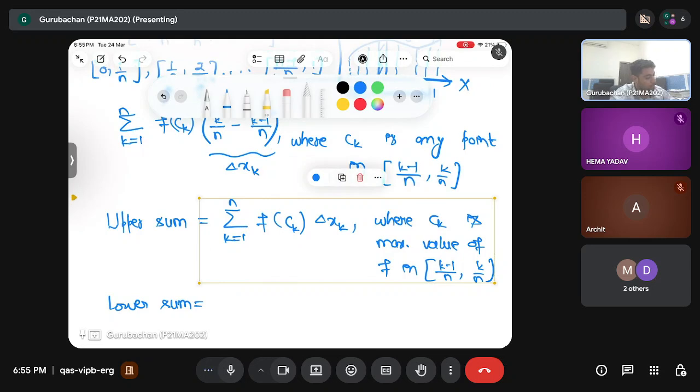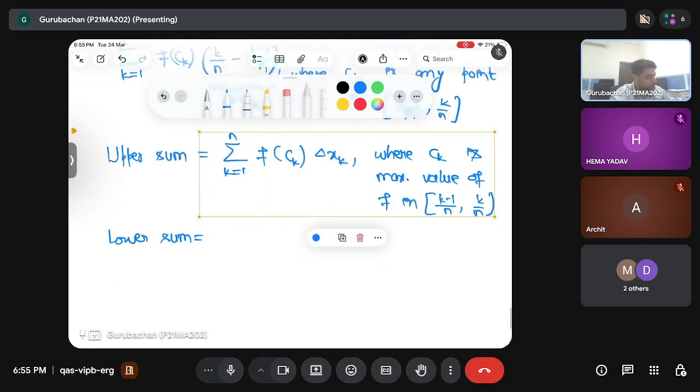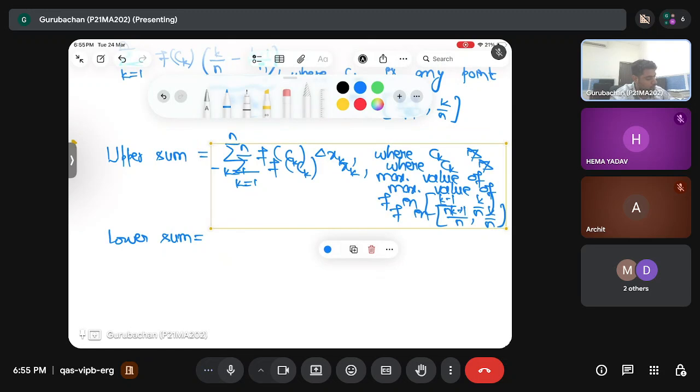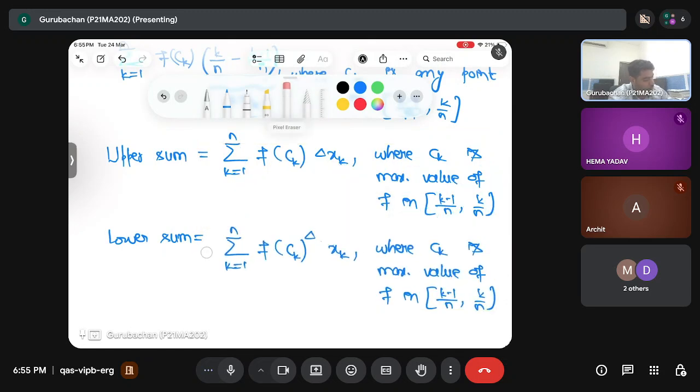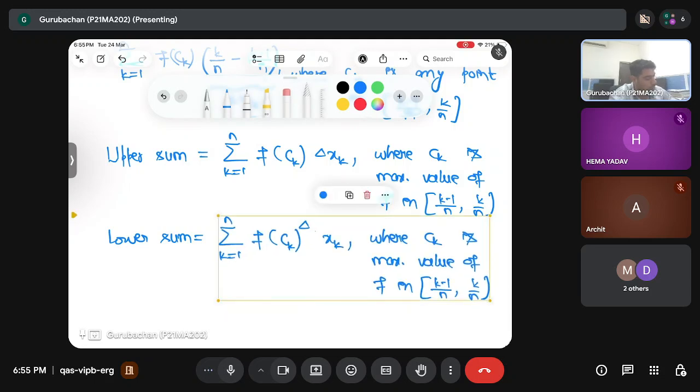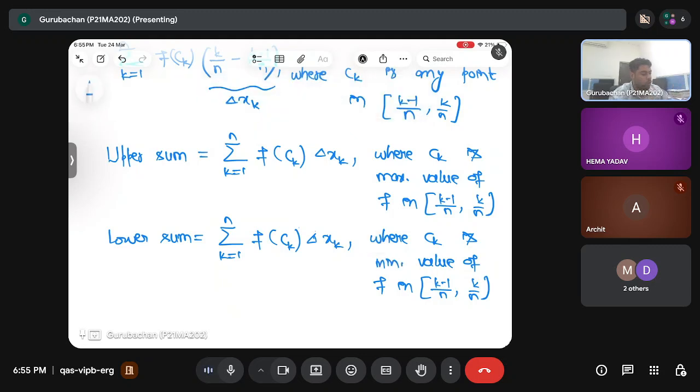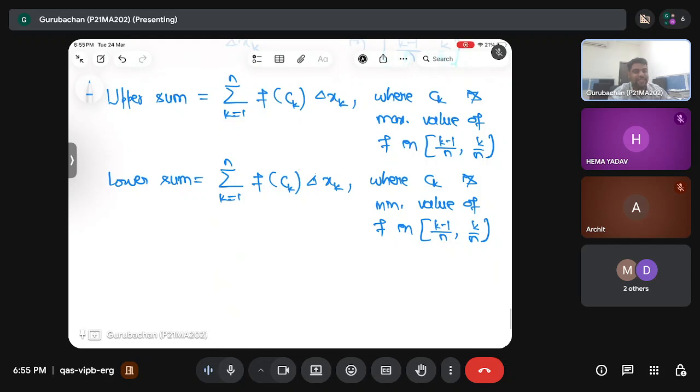So this will be delta xk, where ck is the minimum value.